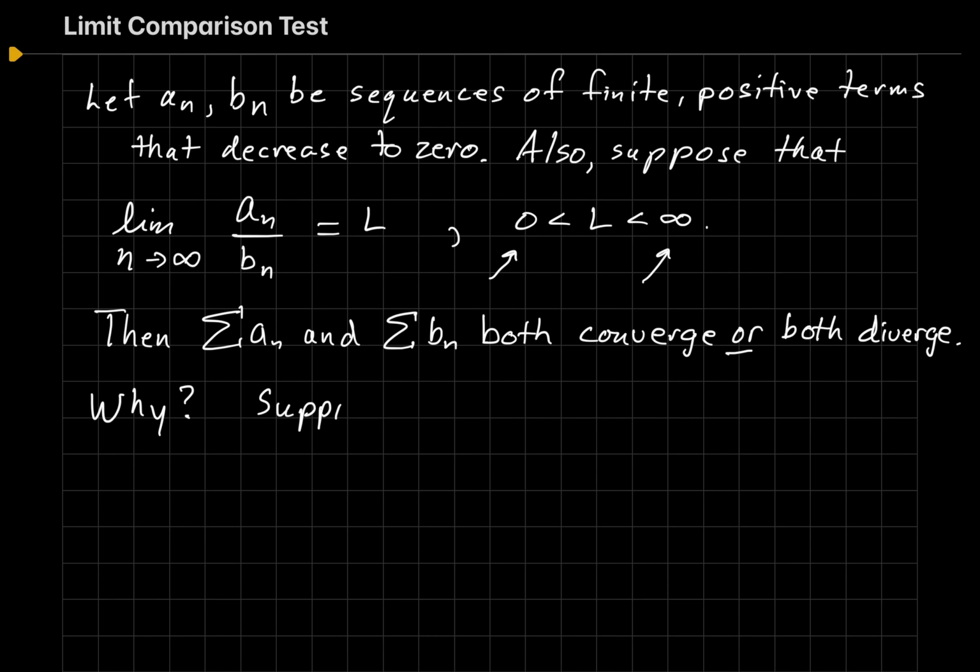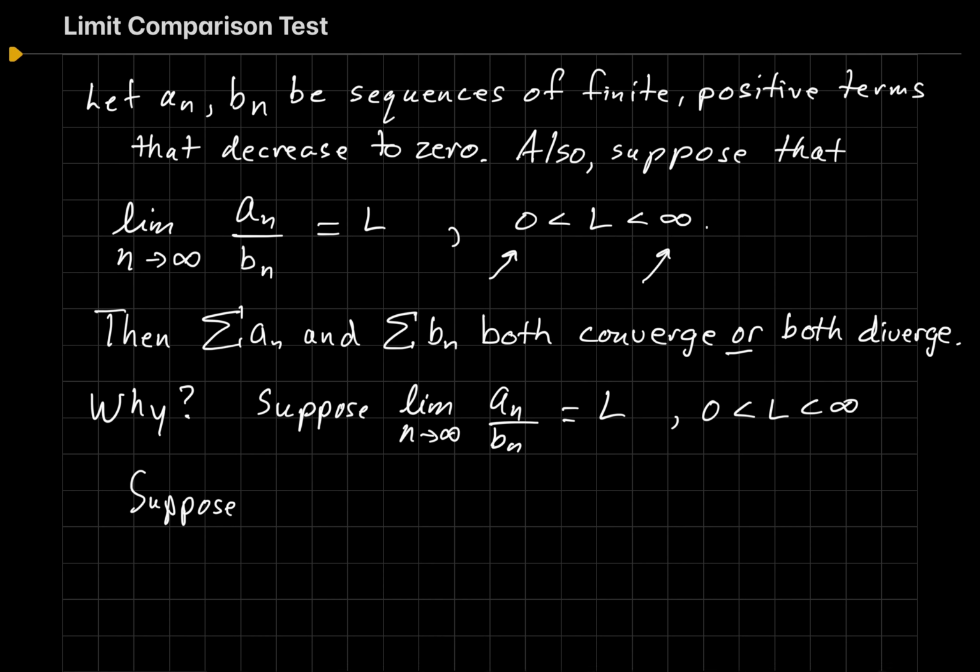Suppose that the limit as n goes to infinity of a sub n over b sub n does equal L, where L is positive, non-zero, and finite. And let's suppose also that our series b sub n converges.